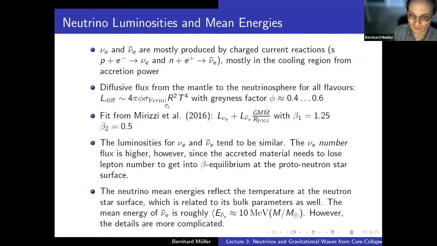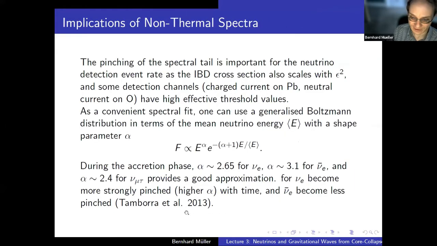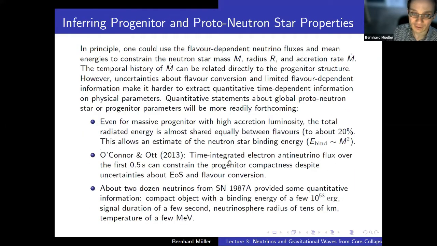They're related to the proto-neutron star radius, or rather the radius of the neutrinosphere, and they are related to the accretion rate onto the neutron star. So in principle, you could hope to disentangle these parameters by doing smart inference.